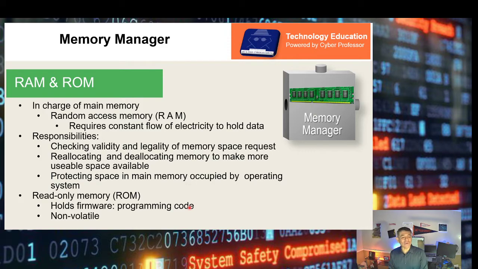And then the read-only memory, that is the one that holds the firmware, the programming code, and this is the non-volatile memory. Why is that? Because whatever is in ROM resides in ROM regardless of whether or not the computer has electricity coming in, meaning it's turned on or not. So when you boot up your computer again after a long time of being shut down, the instructions that reside in the ROM will not go away.